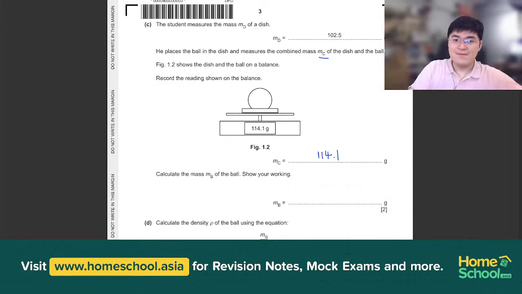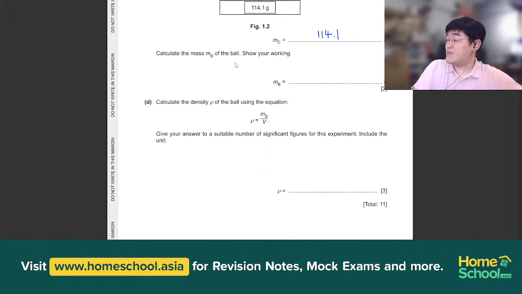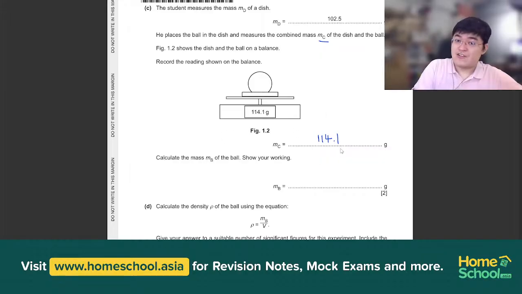Fantastic. Now, we are to calculate the mass MB of the ball, and you have to show our working. The combined mass is 114.1, and the mass of the dish is 102.5. So we take the combined mass minus the mass of the dish to get the mass of the ball.